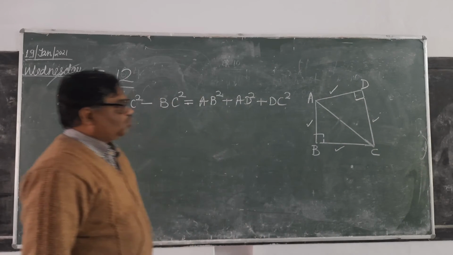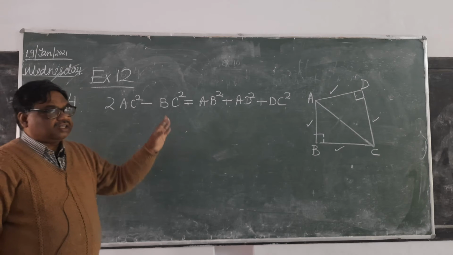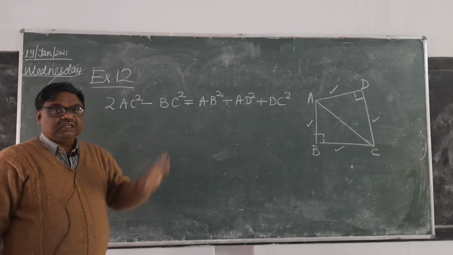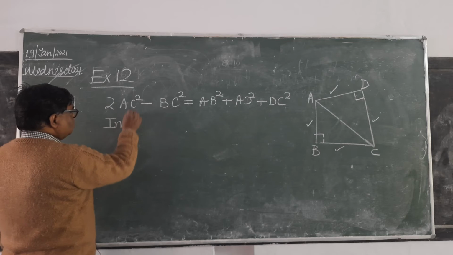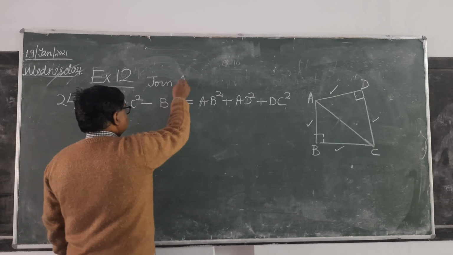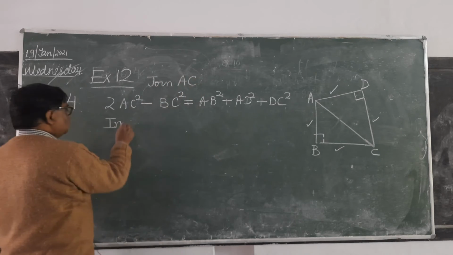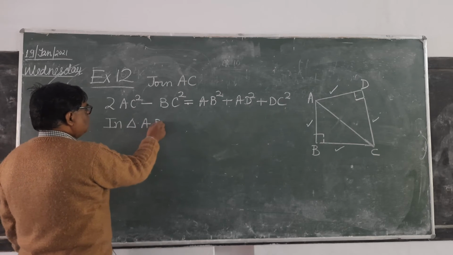So what will you do? Here there are how many right angle triangles? 2. You apply Pythagoras theorem in both the triangles and then add side by side. In triangle ABC, you will write join AC. Join AC in triangle ABC.